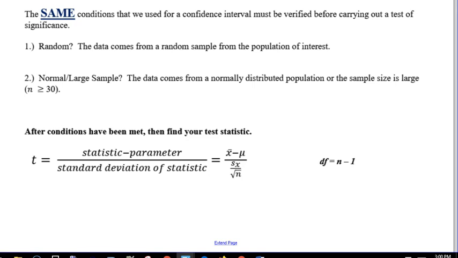Now, this is the formula we use. And this is the definition of what they mean. So x-bar, x with the bar over it, is our statistic, our sample statistic, or sample mean. So this right here is the sample mean, minus our parameter, which is our population mean.